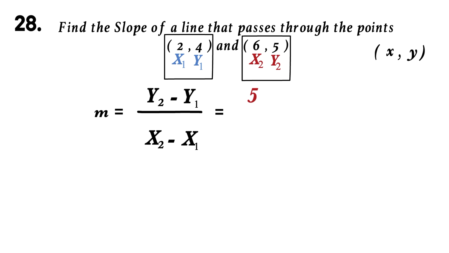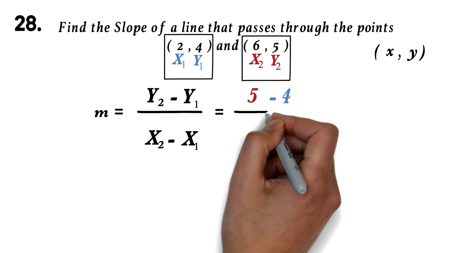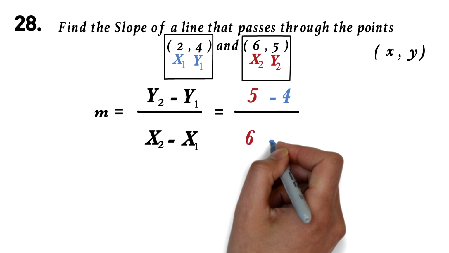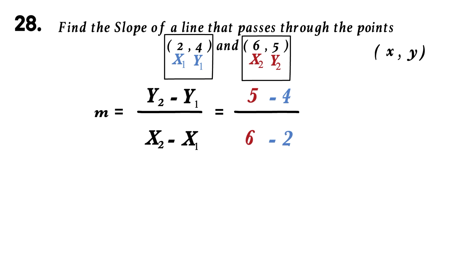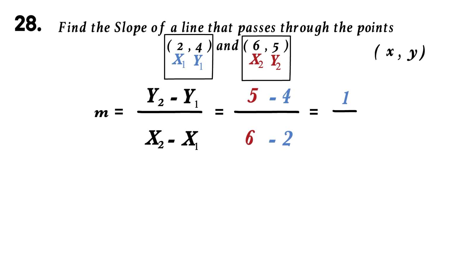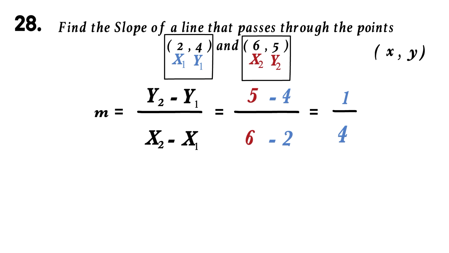We have 5, which is y2, minus 4, which is y1, divided by 6, which is x2, minus 2, which is x1. We simplify. 5 minus 4 is 1 over 6 minus 2, which is 4. So the slope is 1 over 4.